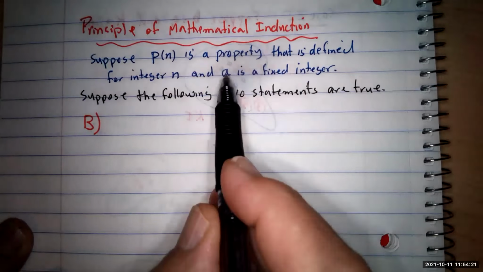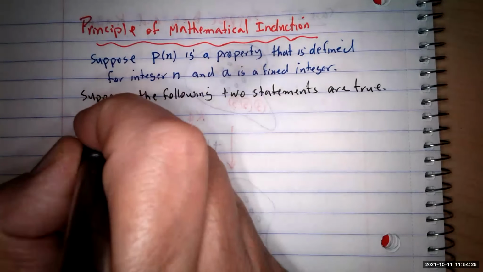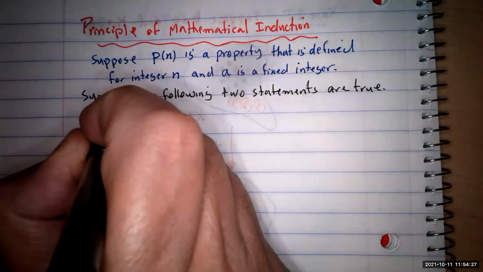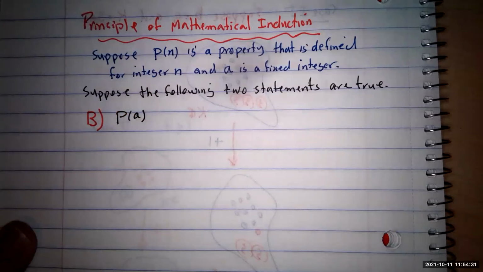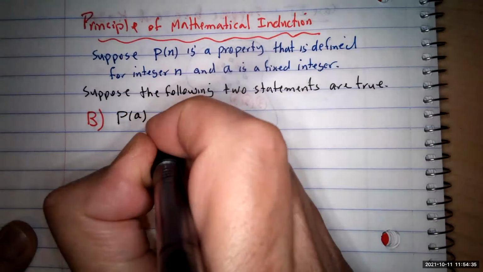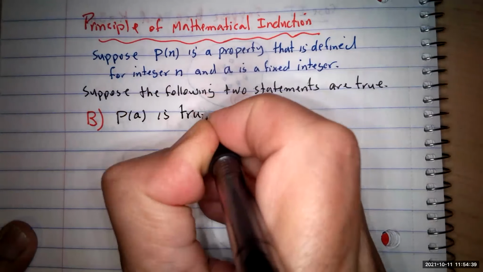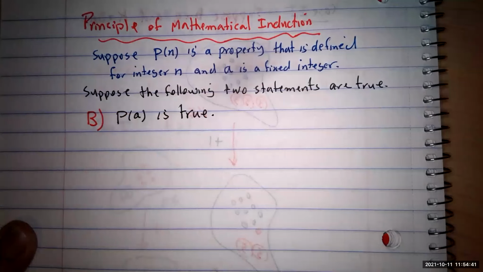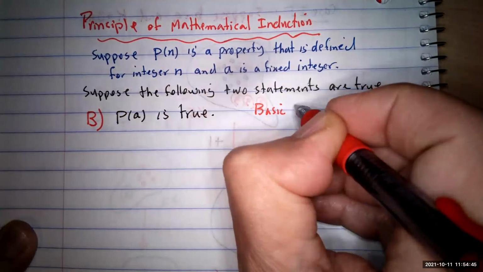The basic value is that a that would be given to you. So this is it. P of a, which is mostly 1 and sometimes different, like the 8 that you saw, P of a is true. This is called the basic step.